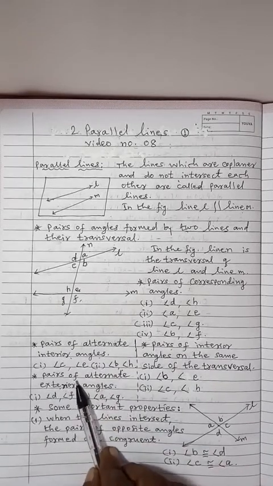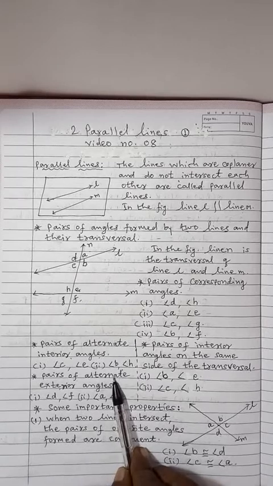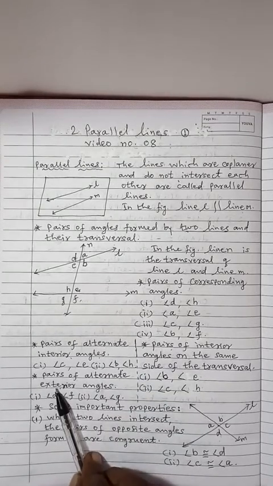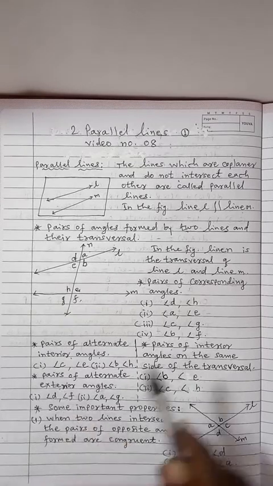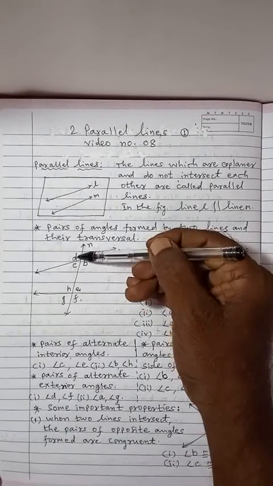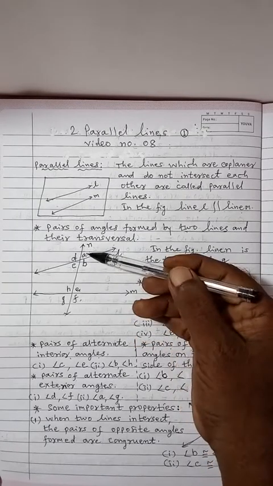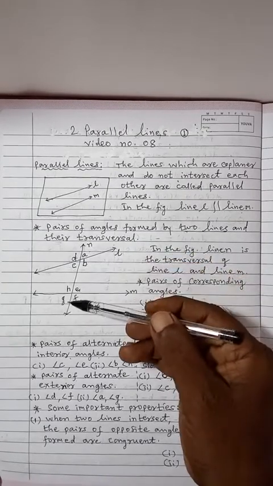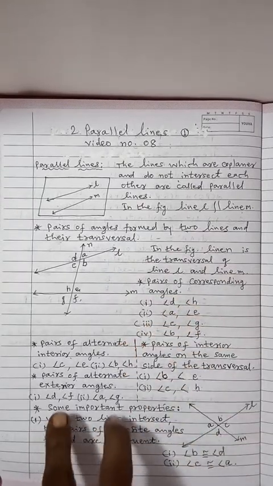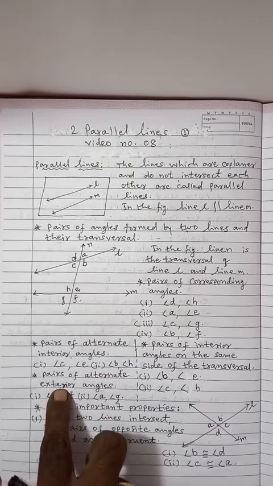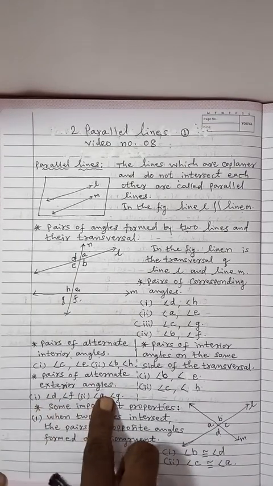Then pairs of alternate exterior angles, alternate but exterior. First pair is angle D and angle F. Second pair is angle A and angle G. So these are the two pairs of alternate exterior angles.